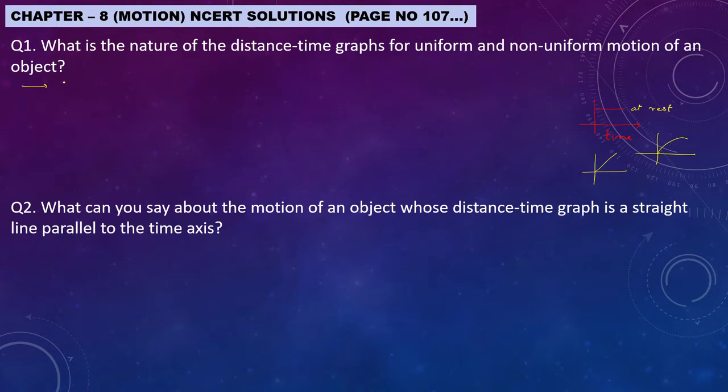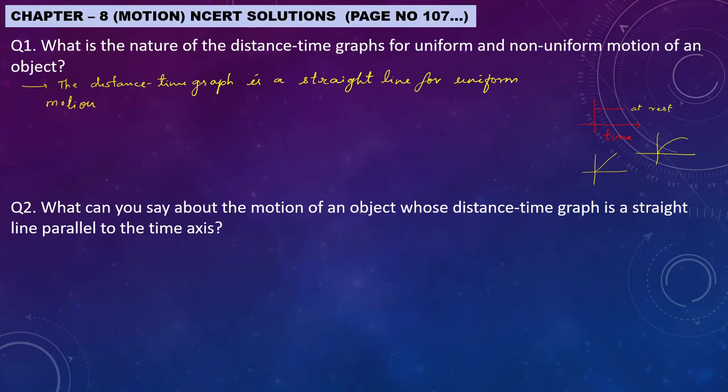The distance time graph is a straight line for uniform motion and a curved line for non-uniform motion.